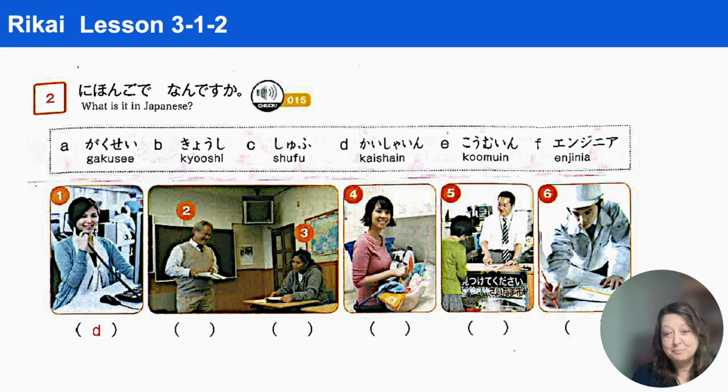Let's read the word box first. Ready? 学生、教師、主婦、会社員、公務員、engineer. Okay, ready? Pause here, and then we'll check your answers. Ready?